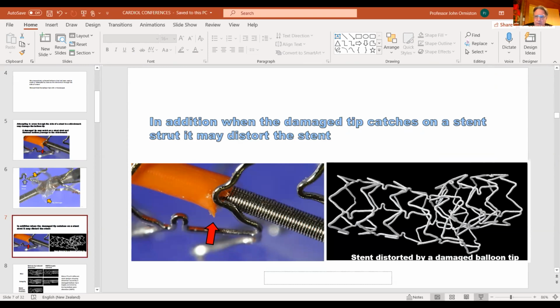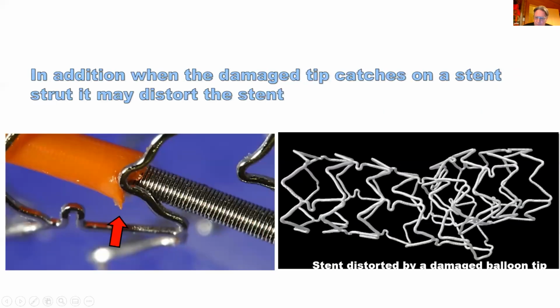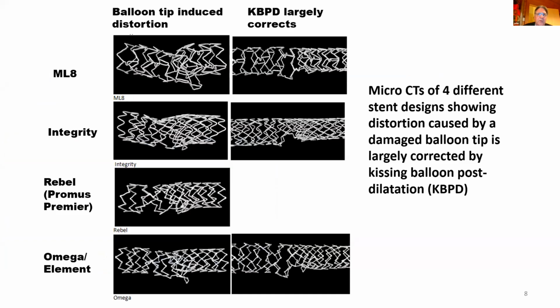We also, on the bench, noticed that catheter tip distortion caused stent distortion in different designs of stent. These are micro CTs of 4 different kinds of stent.